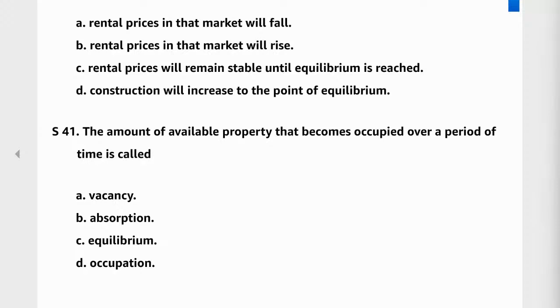So you're looking at properties that are available and they get occupied or they get purchased. What is it called? Vacancy, absorption, equilibrium, or occupation? Type your answer in the chat.